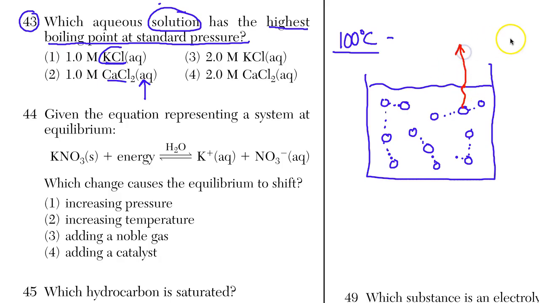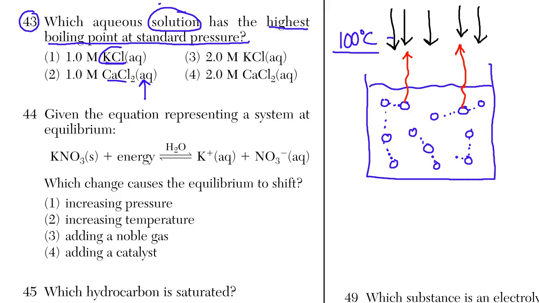it can leave as a gas. Now what we know is that if this happens and the atmospheric pressure is constant, let's just say the atmospheric pressure is represented by my black arrows pushing down. So this pressure is pushing down on the liquid, it's atmospheric pressure.